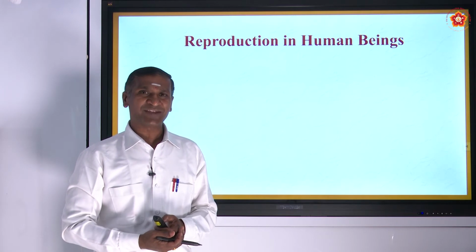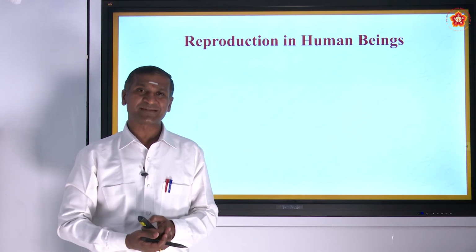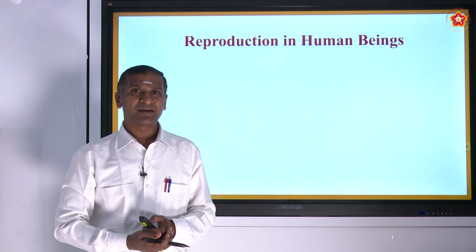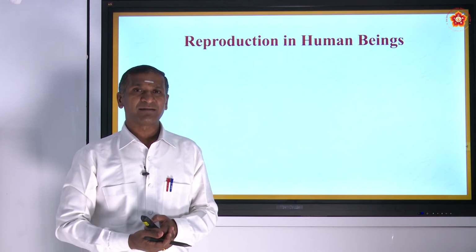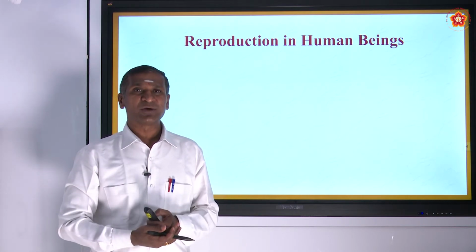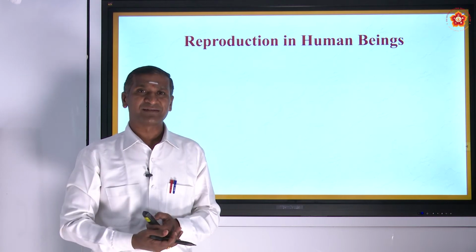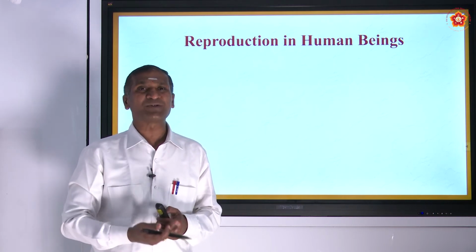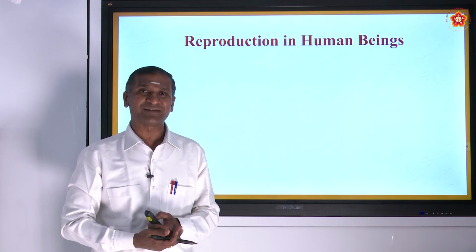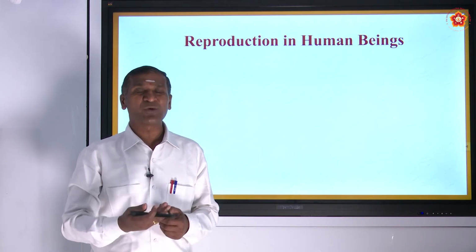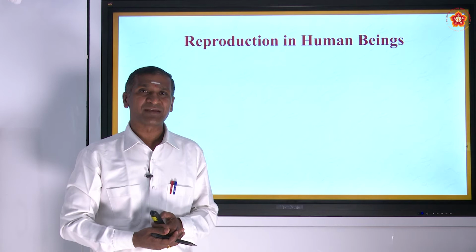When I think of human beings, I remember the great personalities who realized for what purpose they have taken human birth, and have quoted like this in Kannada.